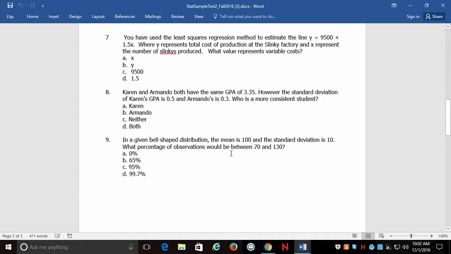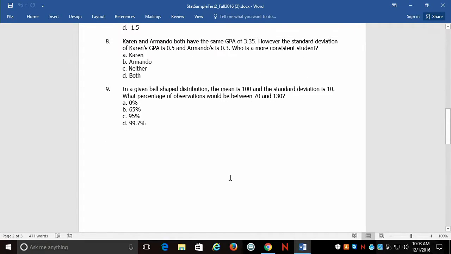Karen and Armando both have a GPA of 3.35. However, Karen has a standard deviation that's higher than Armando. So who's more consistent? Armando, because a smaller standard deviation means more compact. Remember the empirical rule: the mean plus or minus one standard deviation is 68%, two standard deviations 95%, three 99.7%.